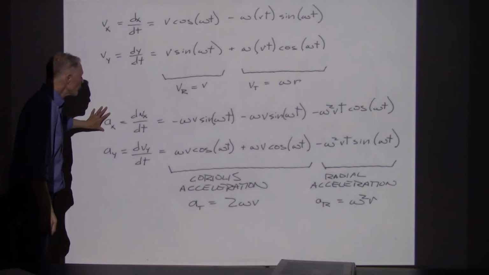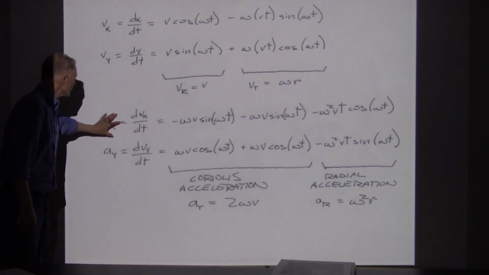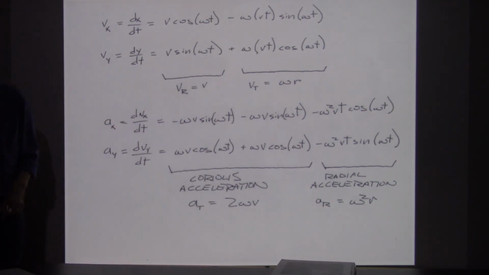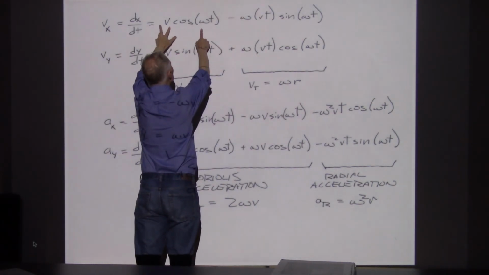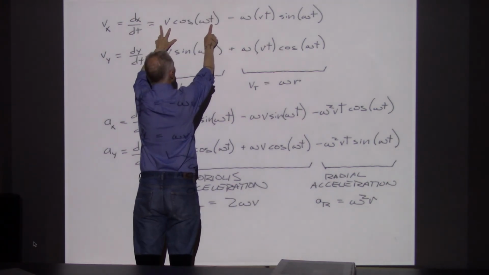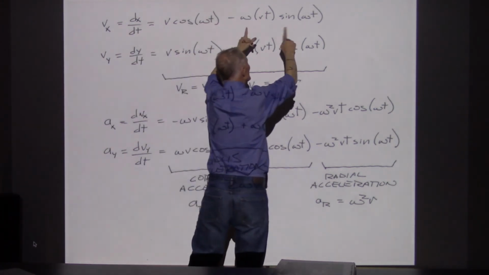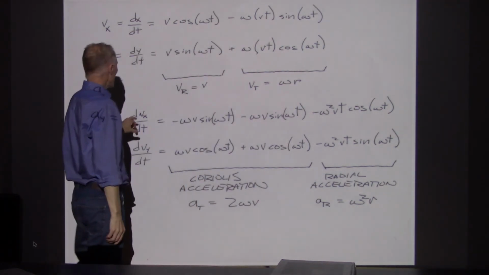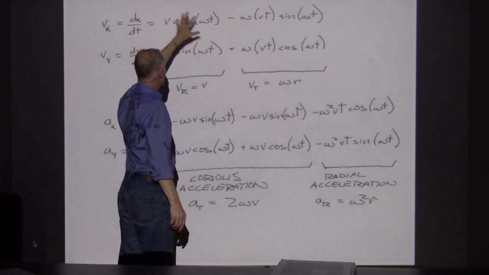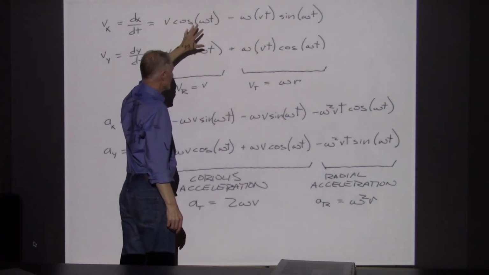challenging. What if we do one more derivative to get the acceleration components? So if I take a time derivative of vx and a time derivative of vy, well, here I only have one time dependence, and here as well. But here I still have two, so I still have to use the product rule. Taking the derivative, I get the time derivative of this expression.